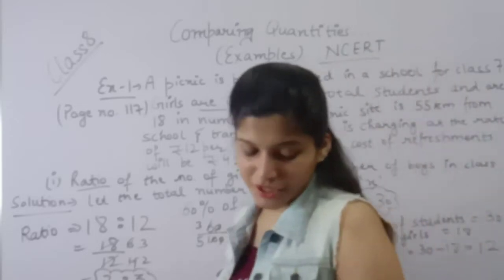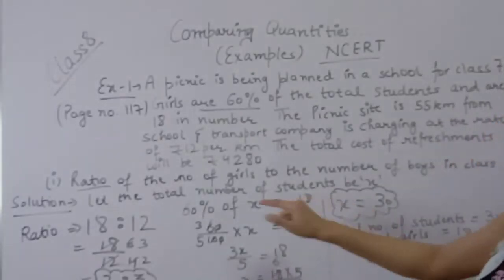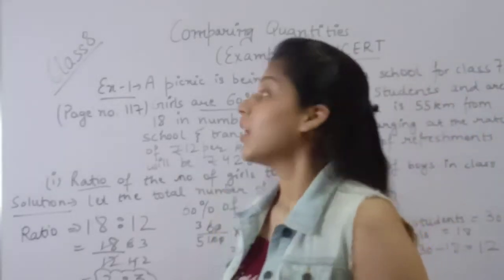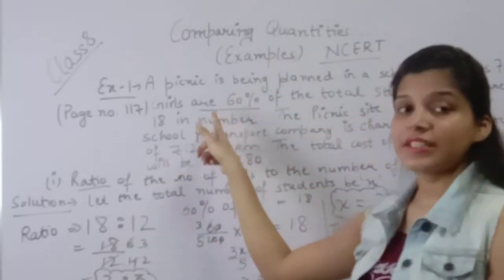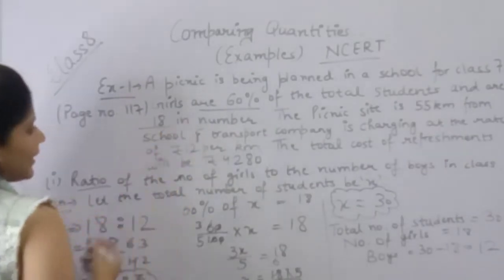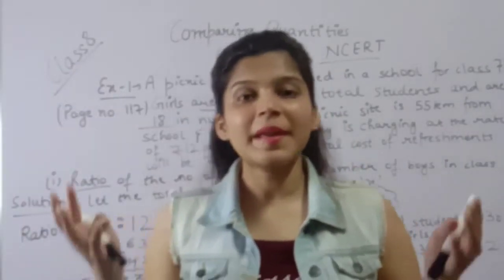So what we did, children, in our first part, we were asked to find the ratio of the number of girls to the number of boys in class. And we were given the percentage of girls, 60%, and the number of girls as well, which is 18 in number. So we let the total number of students be x.